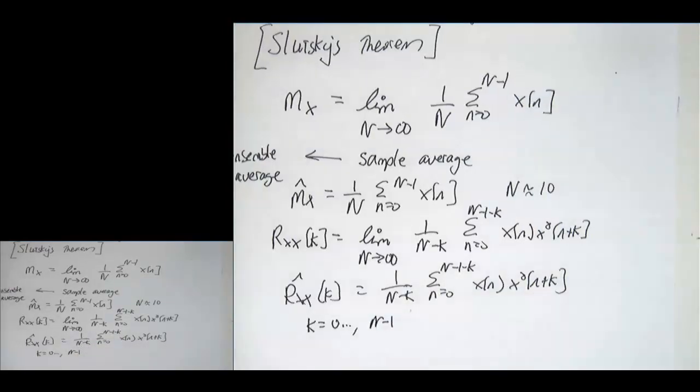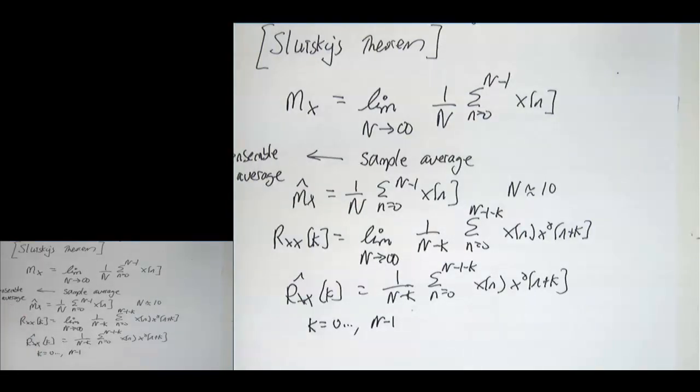We talked a little about this in 351M, but there are other ways to derive better estimators, which we won't cover in this class. But why I wanted to mention ergodicity is that even though a lot of the time in class we're talking about using the ensemble averages, mx and rxx of k, you can think in your mind that what I really mean is mx hat and rxx hat.